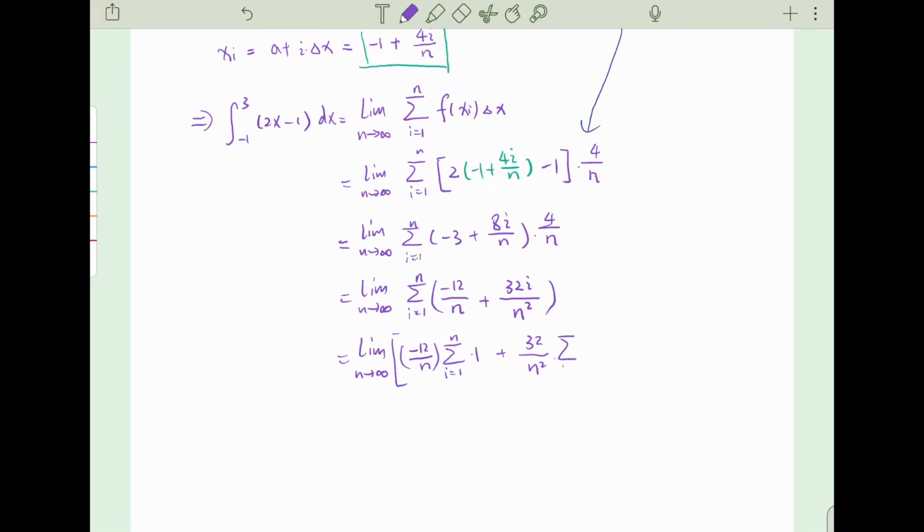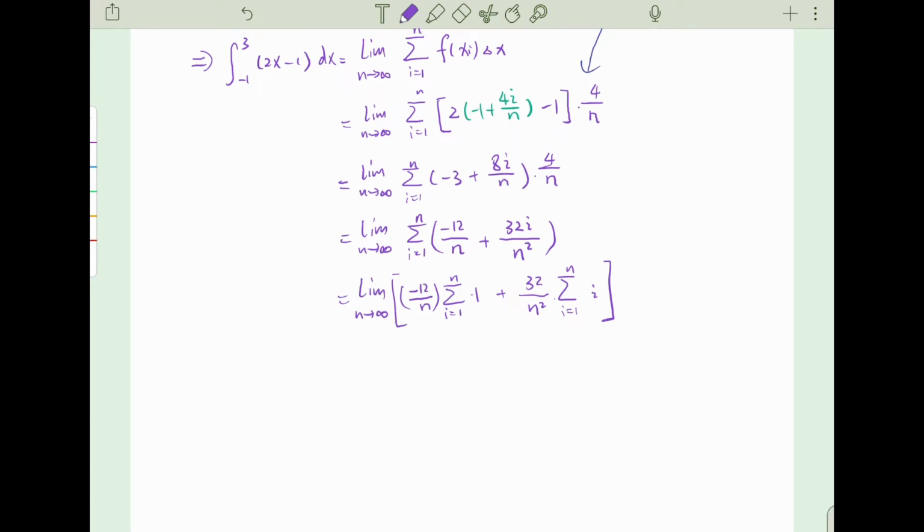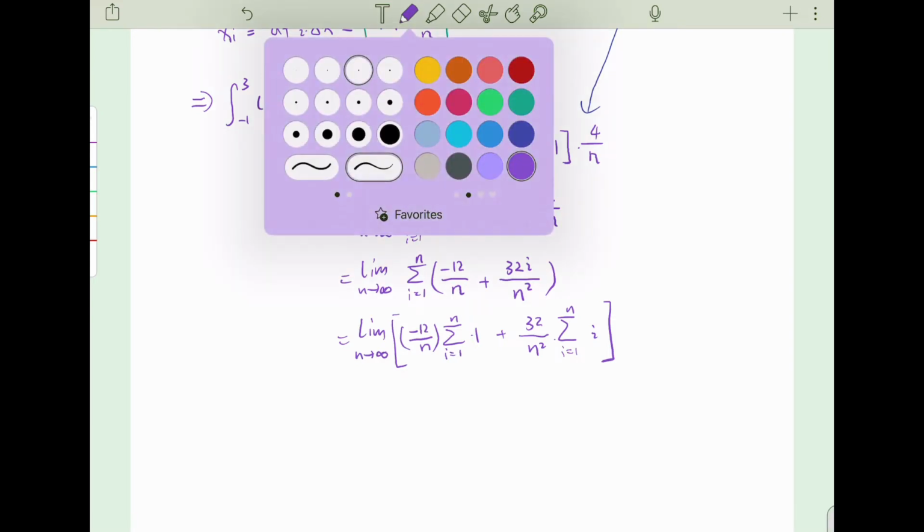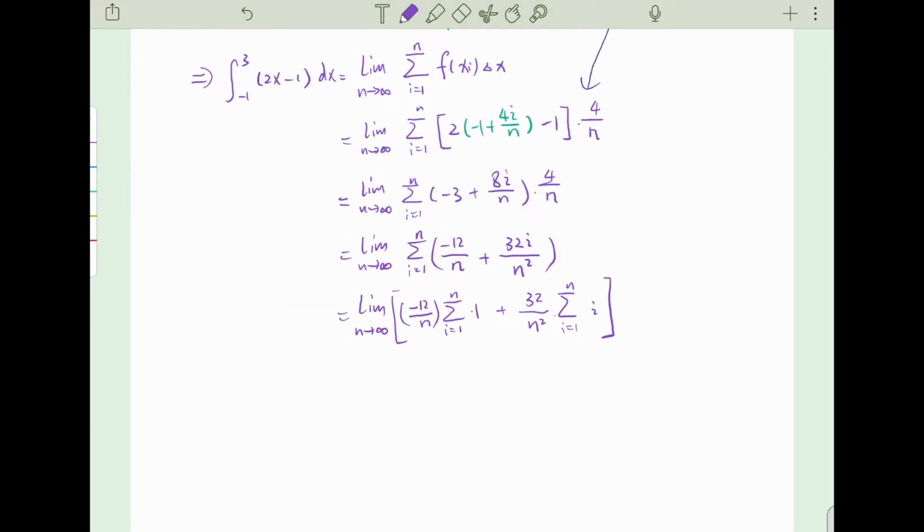Summation is i from 1 to n, i. So basically these two summations. We know the formula for these two summations. The first summation is just simply 1 plus 1 plus 1 all the way to the nth one. So it's going to be n for the first summation.